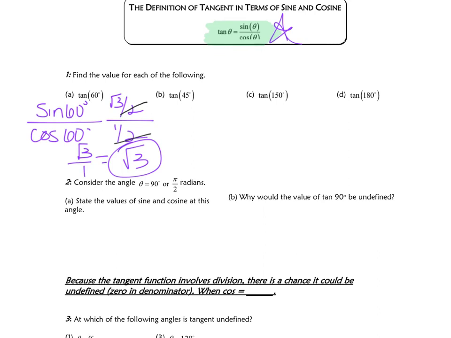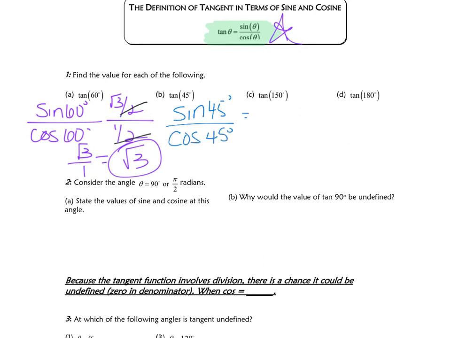So let's move on to the tangent of 45. So it is the sine of 45 degrees over the cosine of 45 degrees.